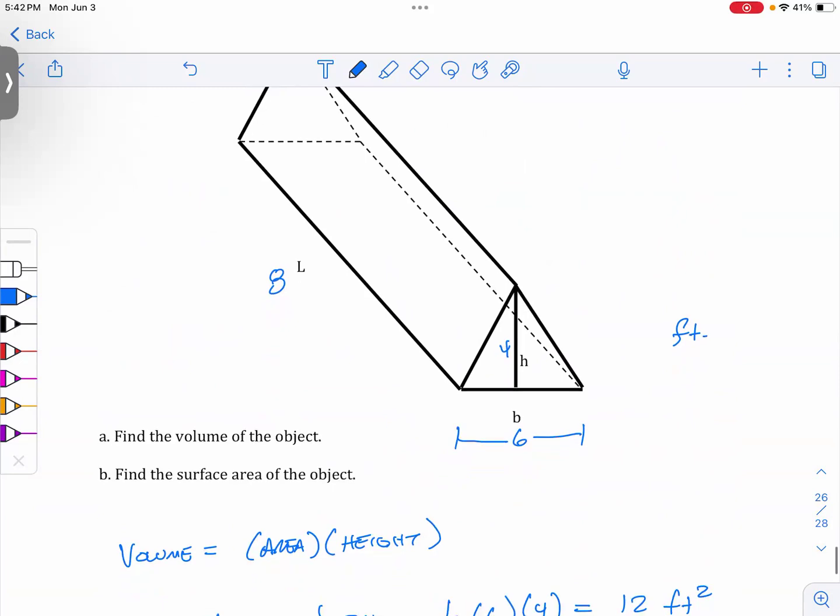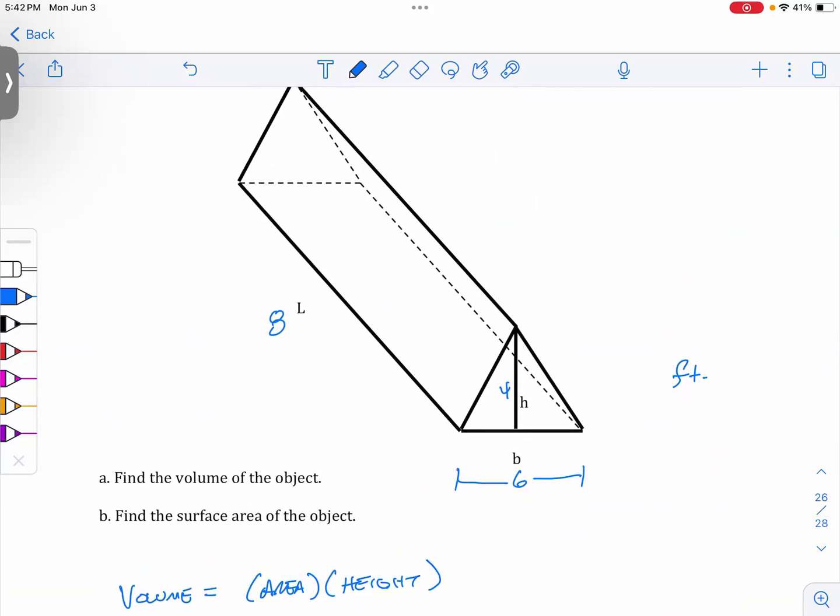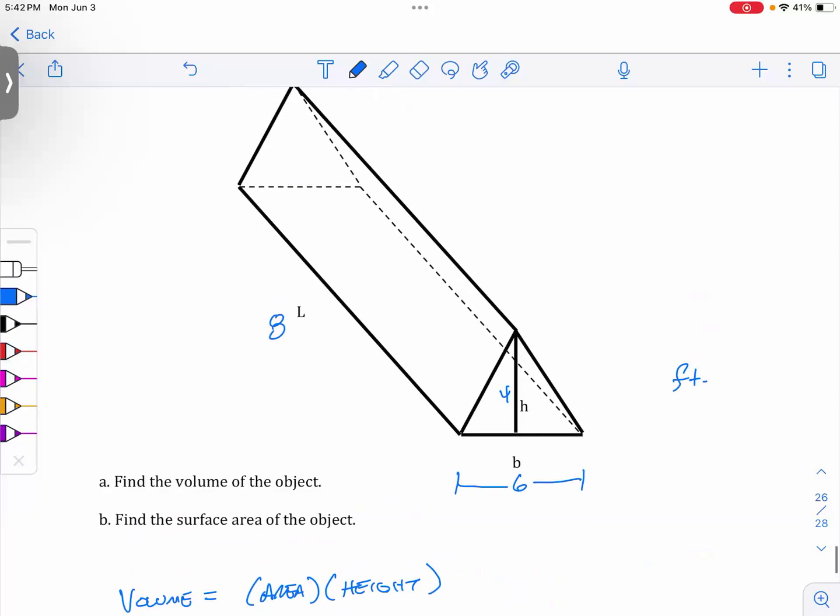All right, surface area. For the surface area, I see we have 3 rectangles and 2 triangles, one on each end. Now, the good news is that we already found the area of those triangles, so this face here and this face over here are done. What might be more complicated here are the rectangles.